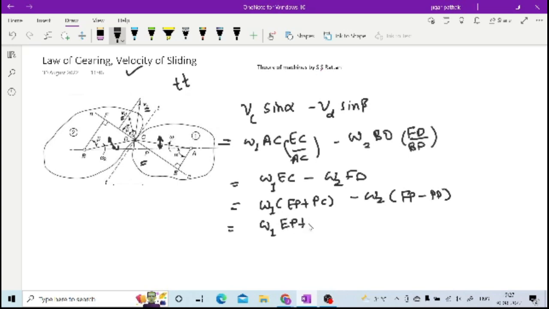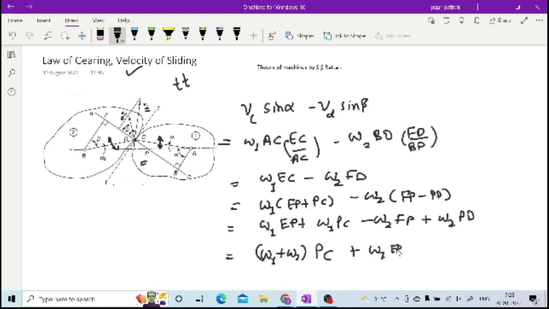Omega 1 EP plus omega 1 PC minus omega 2 FP plus omega 2 PD. Now PD and PC are the same, because the point is the same, C and D, as we have considered. So you will have omega 1 plus omega 2 into PC, plus omega 1 EP minus omega 2 FP.